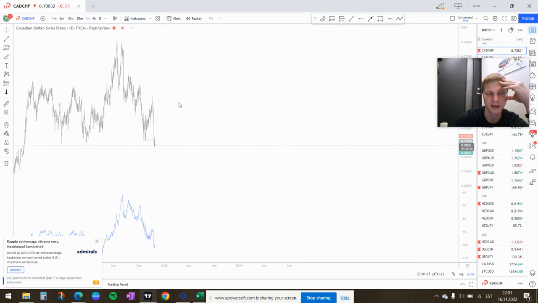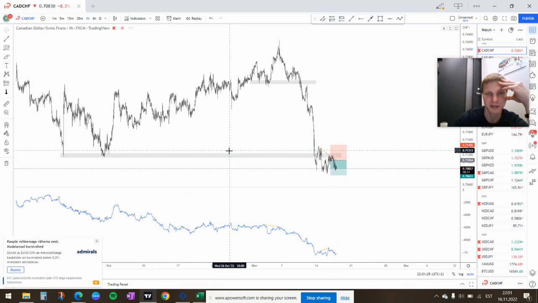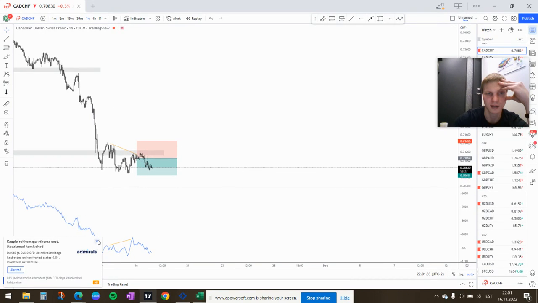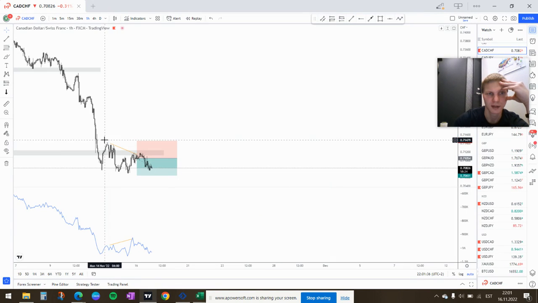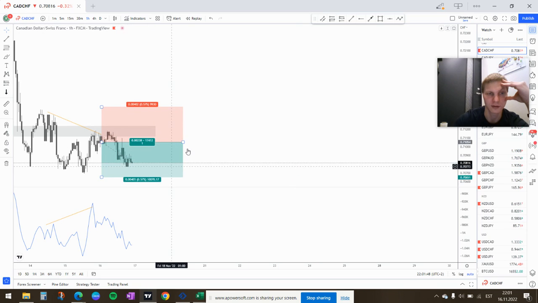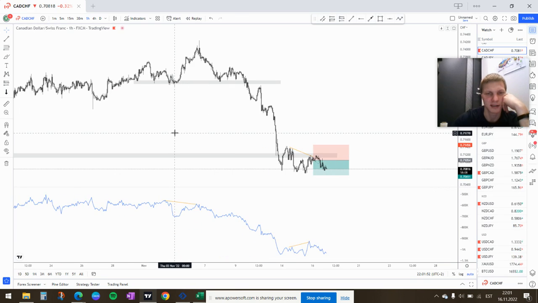Plus, there's a break and retest of the previous lows, and plus there was a hidden divergence on the H1 here. Higher high, lower high, higher high. So that's a divergence, and looks like it's going down. So that's the reasoning behind this trade.